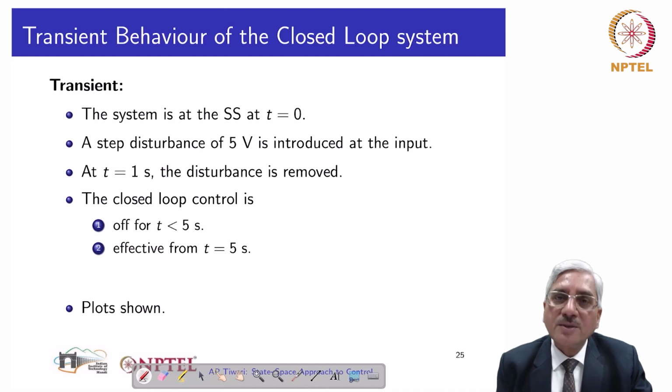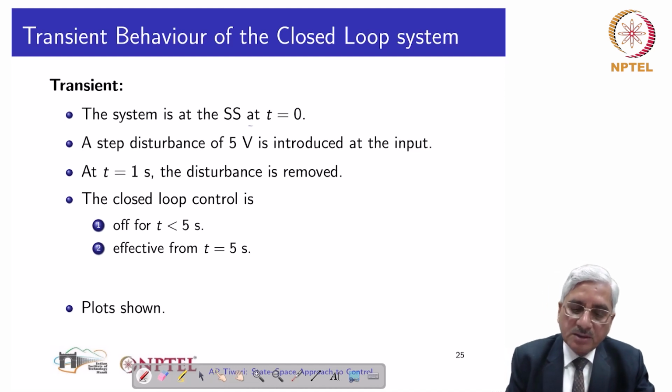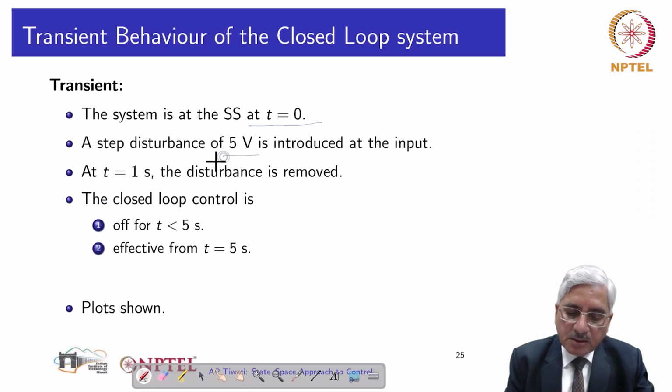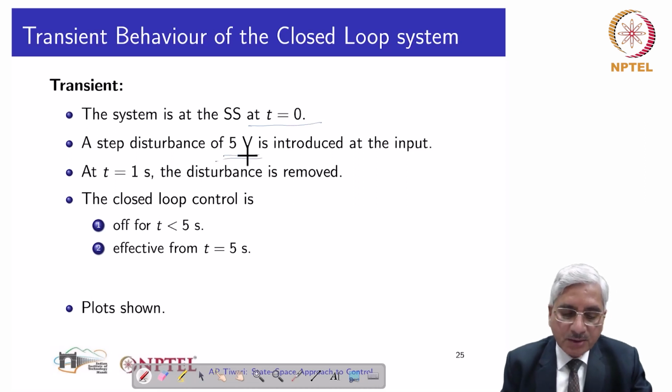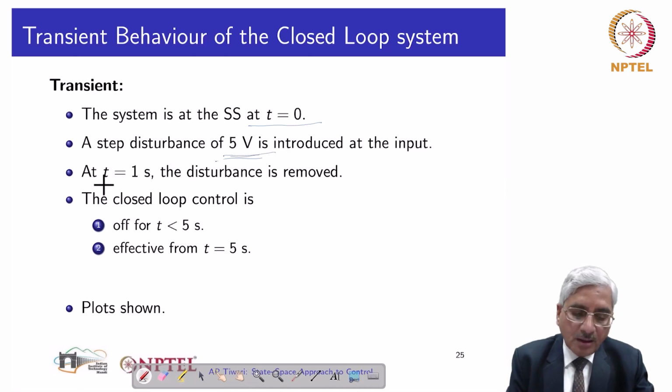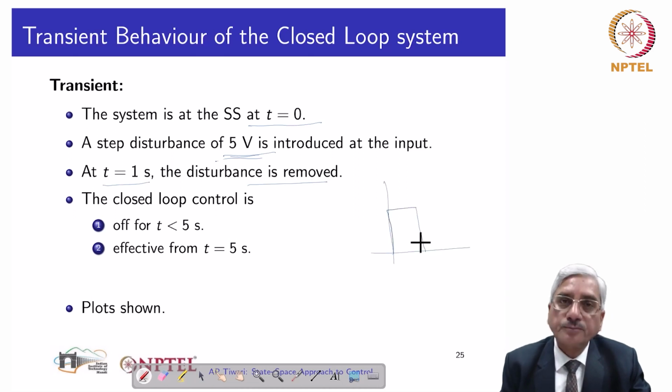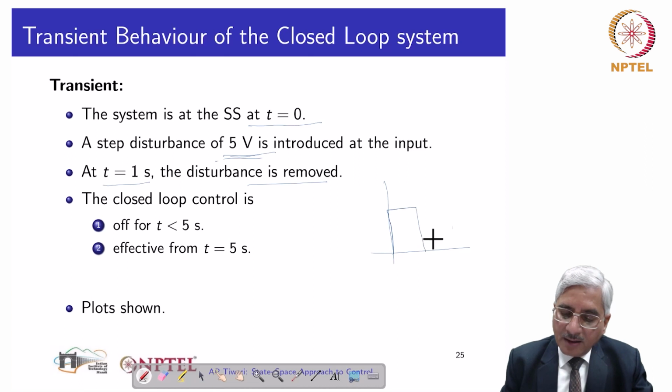Analyze the transient behavior of the closed loop system. The system is initially at steady state. A step disturbance of 5 volt is introduced at the input at t equal to 0. At t equal to 1, the disturbance is removed. So it's like a pulse. The disturbance was there for 1 second.